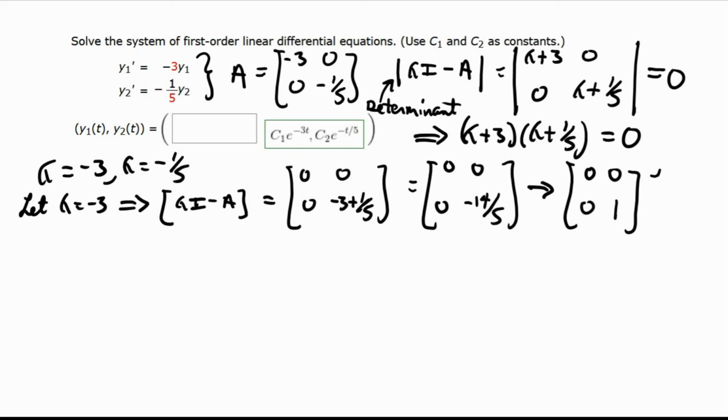So let x of 1 equal t, but x of 2 is times 1 here. 1 times x of 2 is equal to 0. So the eigenvector that we get consists of 1 and 0.